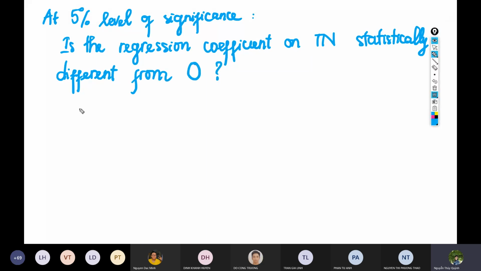For the same problem, I can also ask: at 5% level of significance, is the regression coefficient on Tn statistically significant?